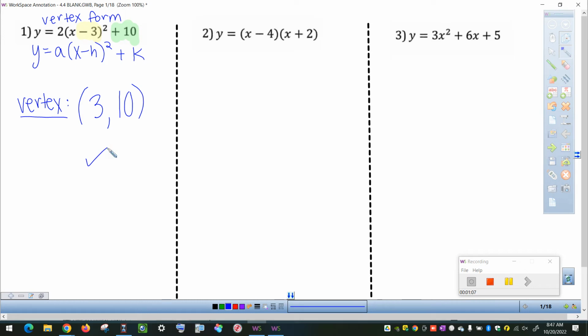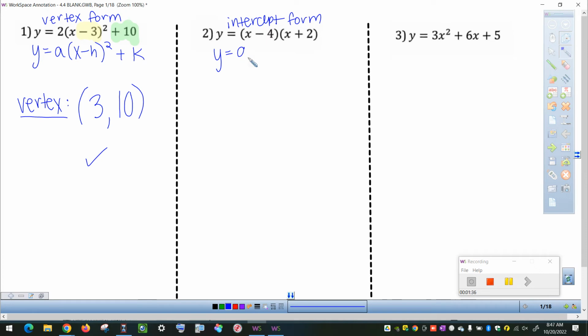Okay, we do have a little bit more work to do to get the vertex on the other two forms. So let's look at the one in the middle. Notice that this one has two parentheses. And so this is actually what we talked about on Tuesday. This is our intercept form because we very easily can get the x-intercept. That's why it's called that.